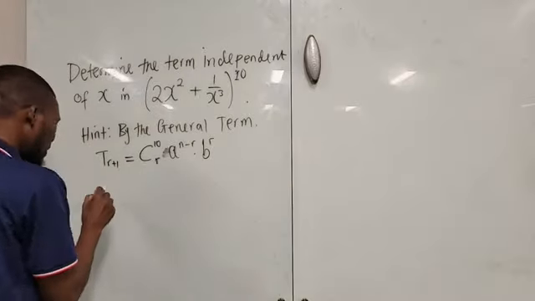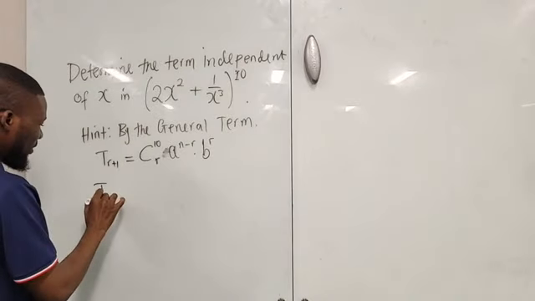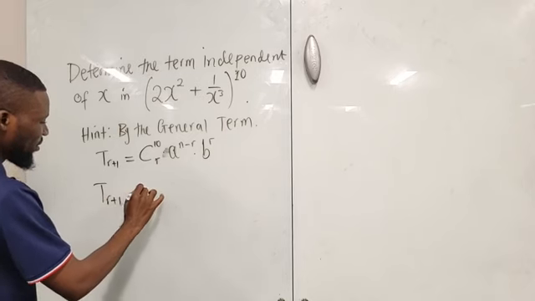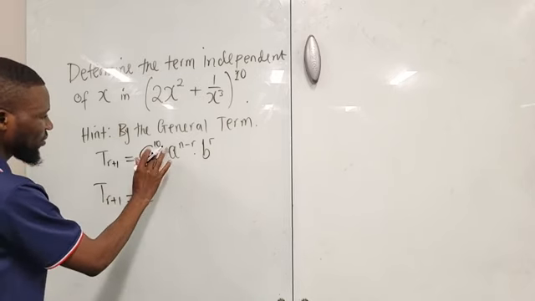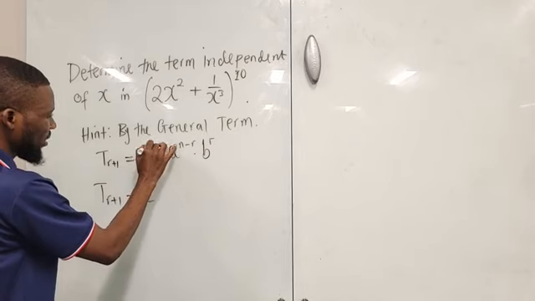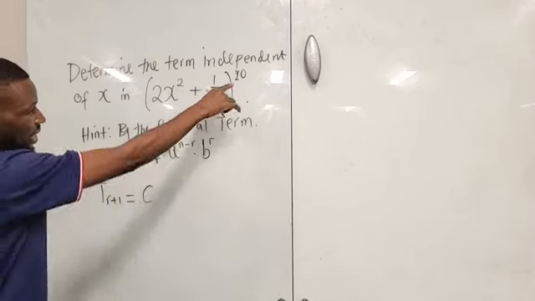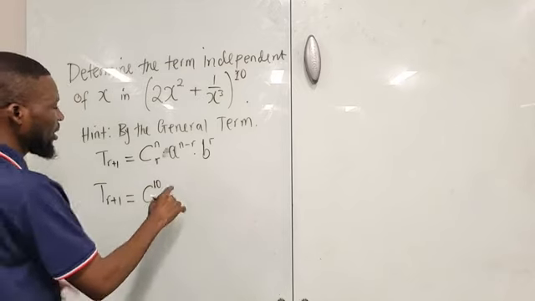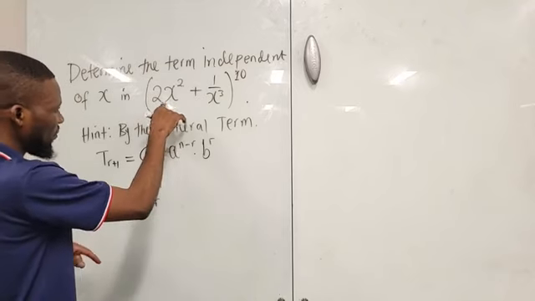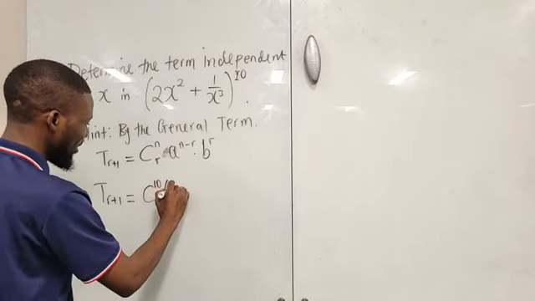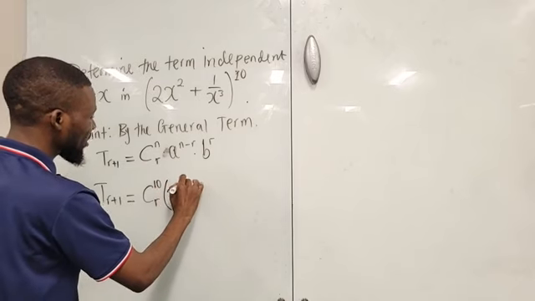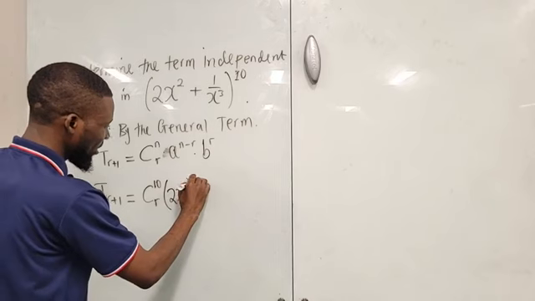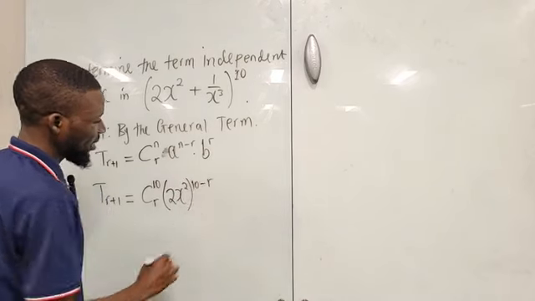So what is T r plus 1? So this is equal to the combination. Here I was supposed to write n, but we know that our n is 10. So this is 10. I write r here, and a is the first term. So our first term in this case is 2x to the power 2. Then n is 10 minus r.